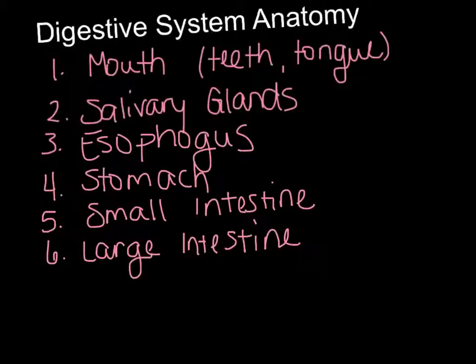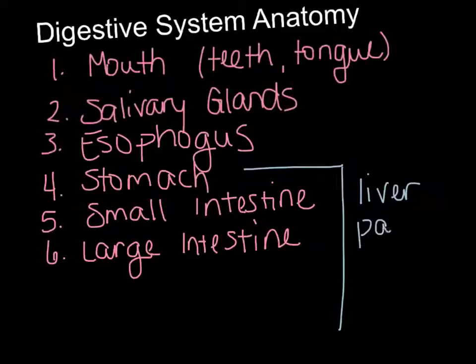And from about the stomach on down, other things are going to be excreted and travel to places like your liver and pancreas. So the liver and pancreas are all going to be considered a part of the digestive system.